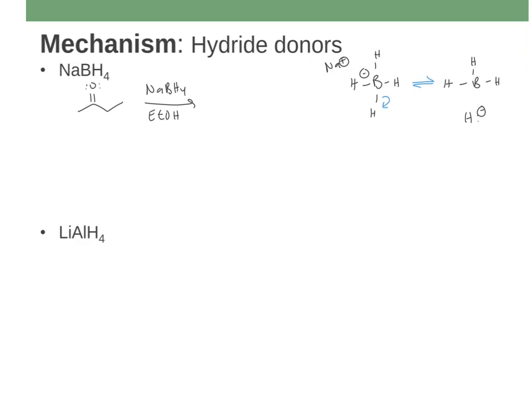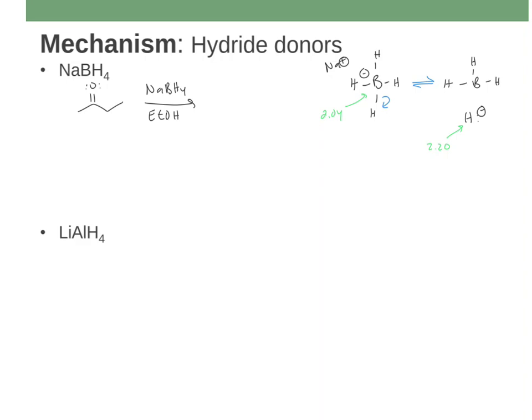And if you remember from the previous page, we said boron had an electronegativity of 2.04, whereas hydrogen has an electronegativity of 2.20. So hydrogen is actually more electronegative than boron, and so is a little bit better at holding a negative charge than boron is. So as far as the electronics go, it's more favored to the hydride side.